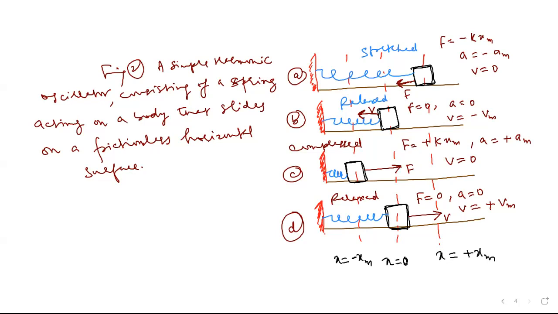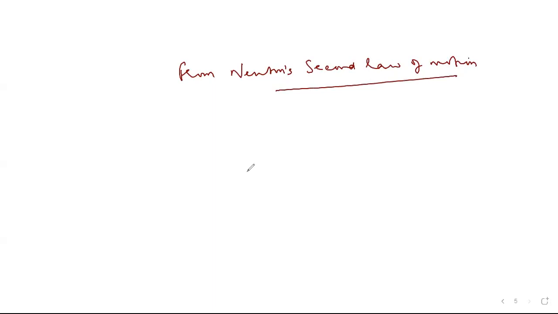Now one last thing, from Newton's second law of motion, we know net force on the oscillator is mass times the acceleration, and we can write acceleration as second order derivative of position time function with time, right?